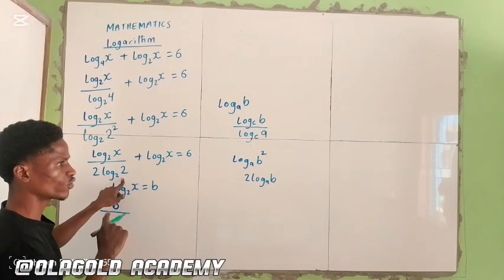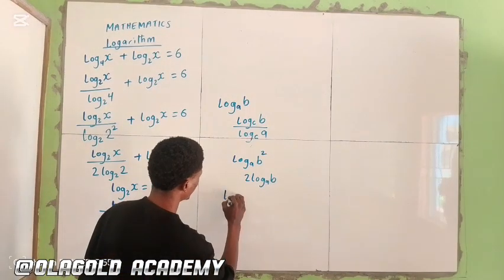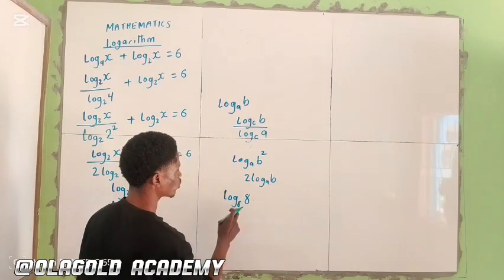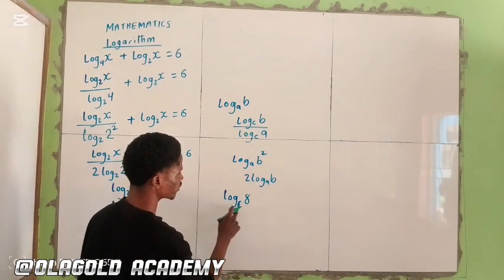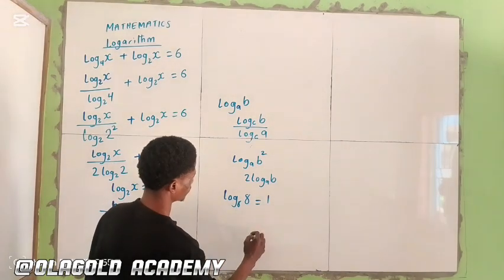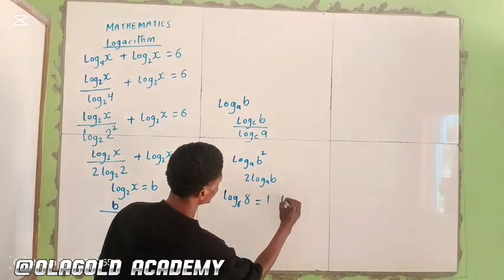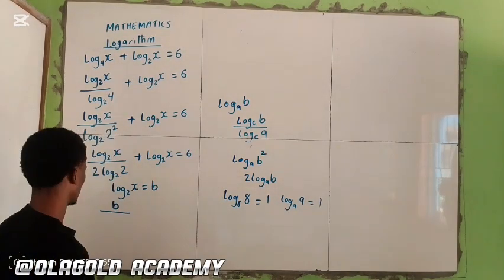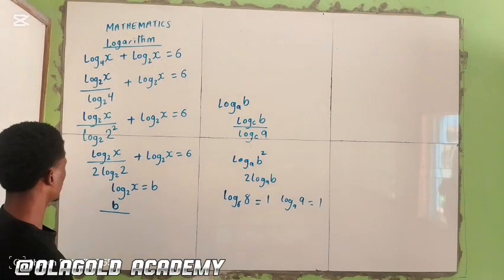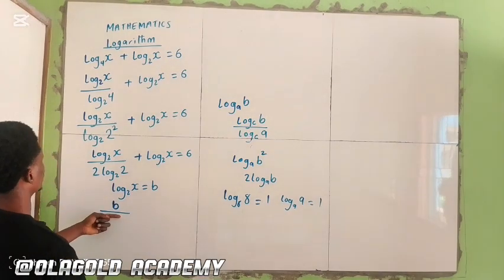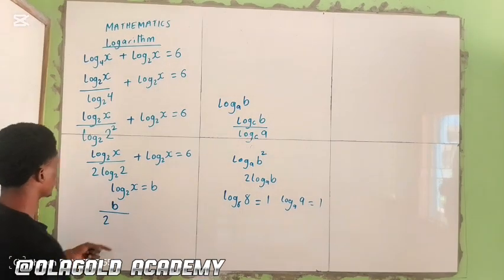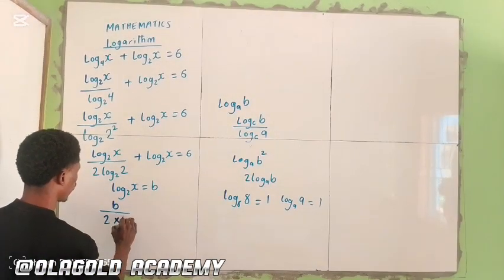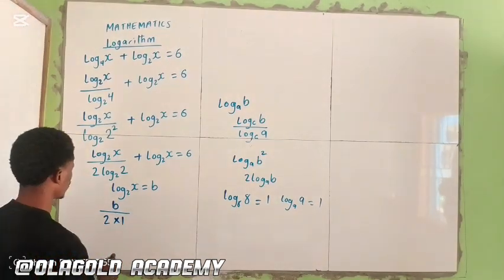According to the law in logarithm, log base 8 of 8 is the same thing as 1. Log 9 of 9 is the same thing as 1. So we're going to have b over 2. Log 2 of 2 is 1. So 2 times 1, I'm going to have 2.